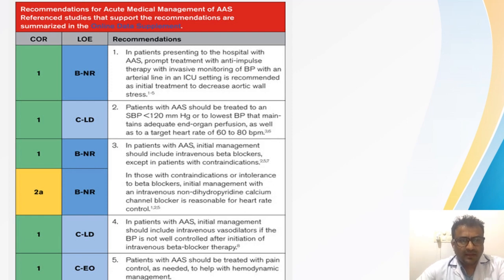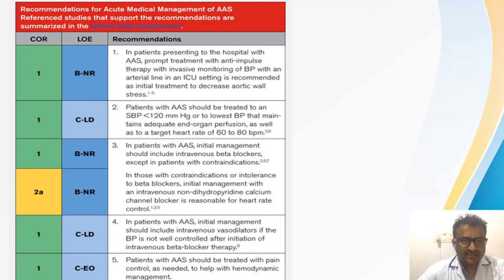This is the recommendation for acute medical management of acute aortic syndrome. The class of recommendation is one: when a patient presents in the hospital with acute aortic syndrome, prompt anti-impulse therapy with invasive monitoring of blood pressure with an arterial line in the ICU setting should be recommended.